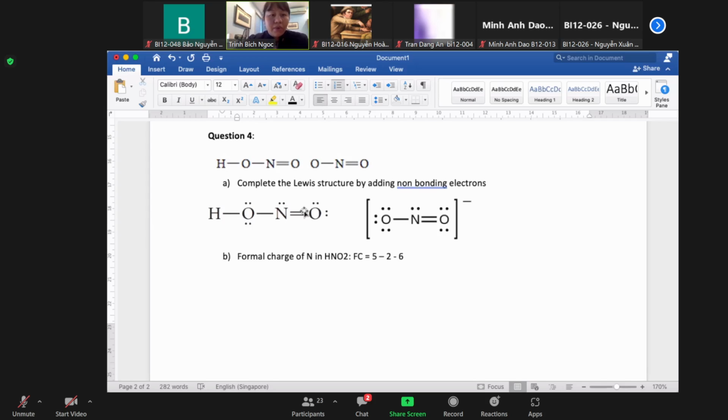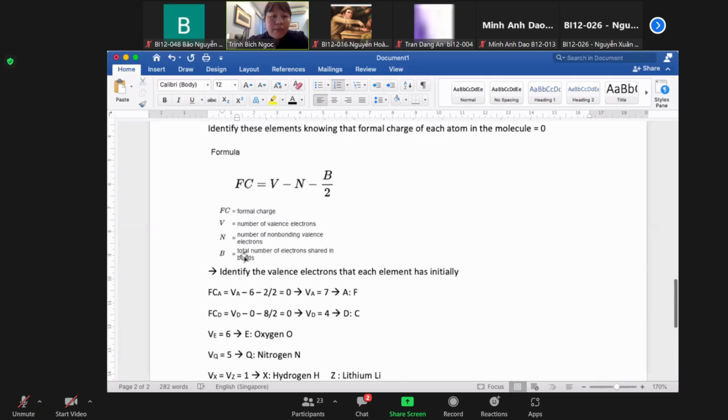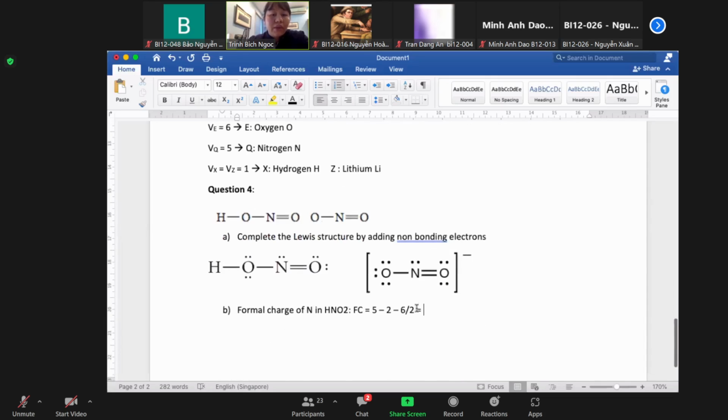1, 2, 3, 4, 5, 6. Divide by 2, so be careful. B here is the total number of electrons shared in bonds, so you need to divide by 2. How many?